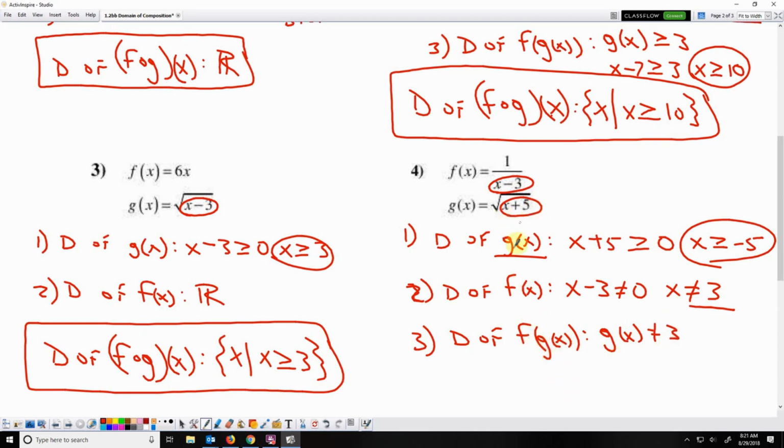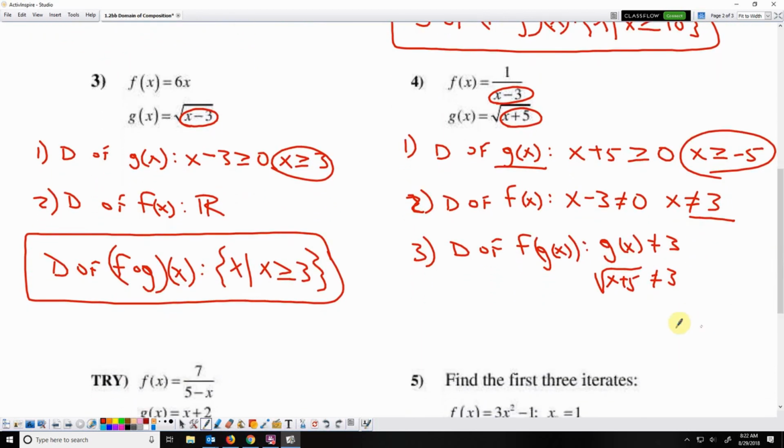So g of x is the square root of x plus 5. That cannot equal 3. So I'll square both sides and get x plus 5 cannot equal 9. And then I'll subtract that 5, so x cannot equal 4.